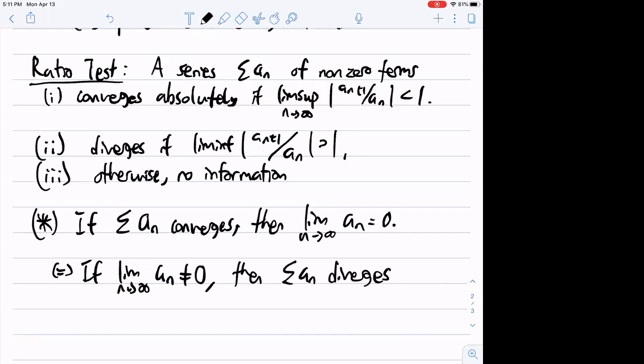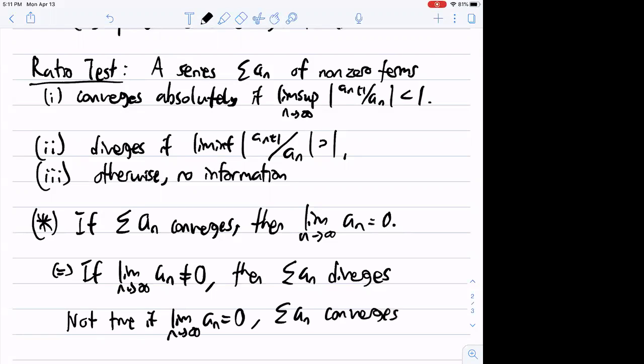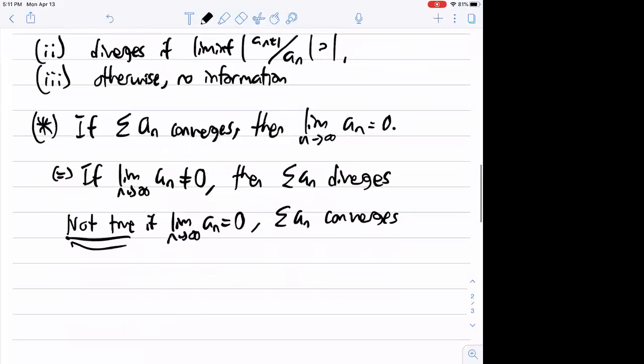So it's not true that if the limit of a_n is 0, the sum of a_n converges. The standard example is the sum of 1 over n. Clearly the limit of 1 over n is 0, but this is the harmonic series, and it diverges.